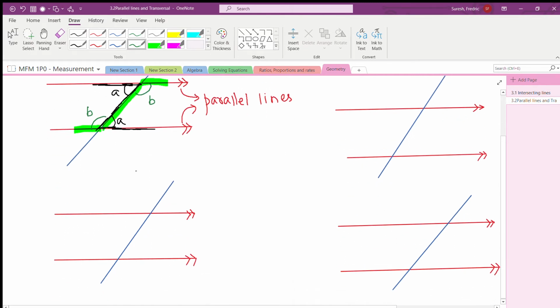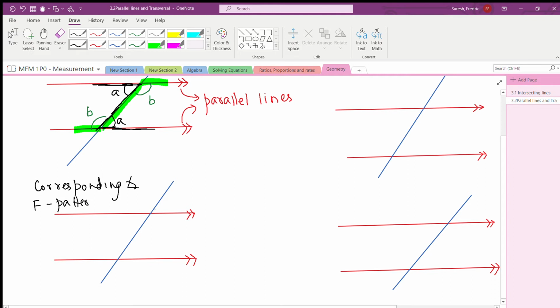There is another pattern called the corresponding angle. Okay, that's the angle symbol. And this is also called the F pattern. So let's draw the letter F here.